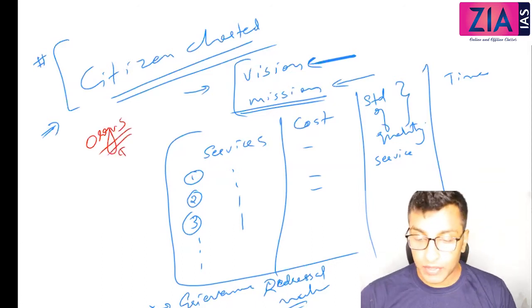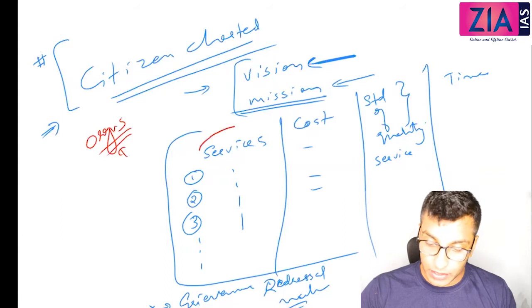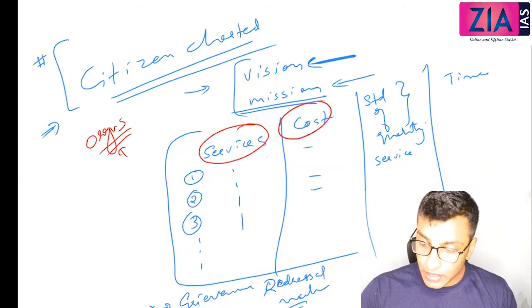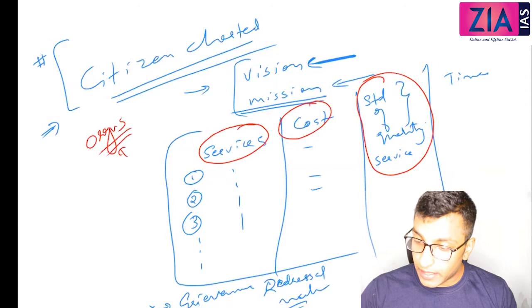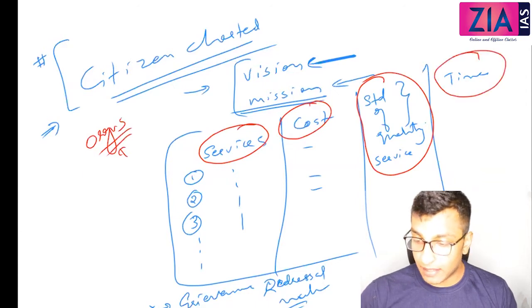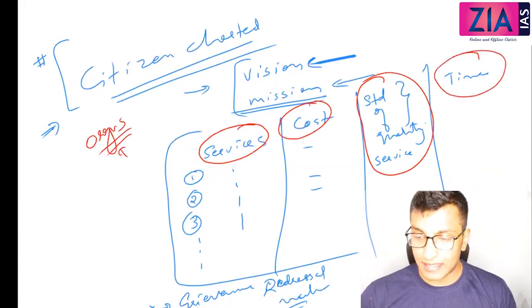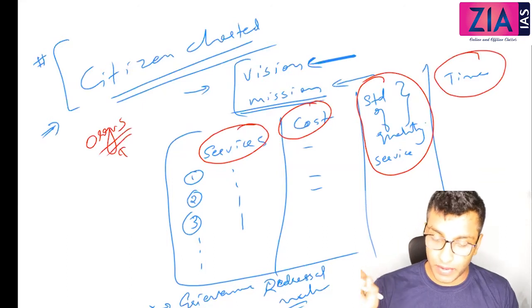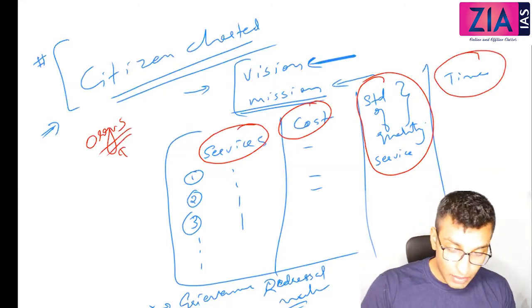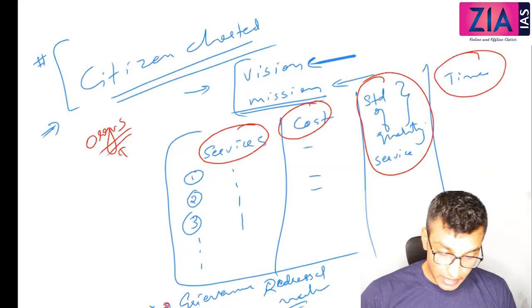This is a commitment with respect to the services and the cost, the standard of quality, and also by what time you will get the service, whether it is a certificate or anything, by what time you can expect this. And then there will be a grievance redressal mechanism.